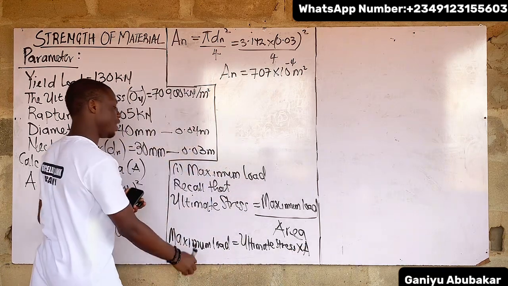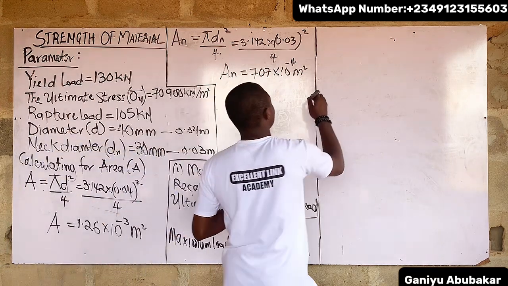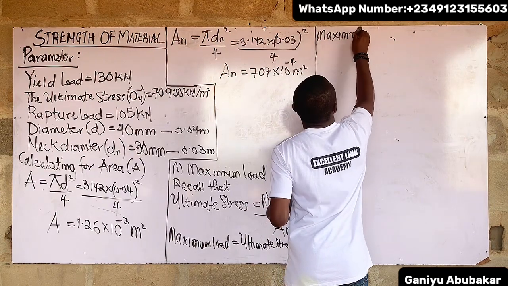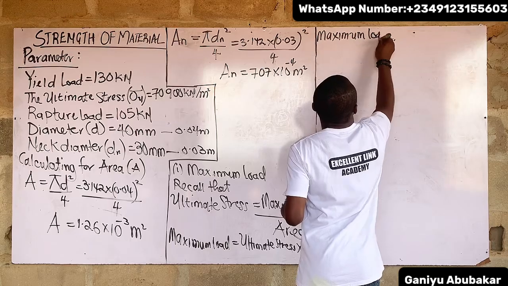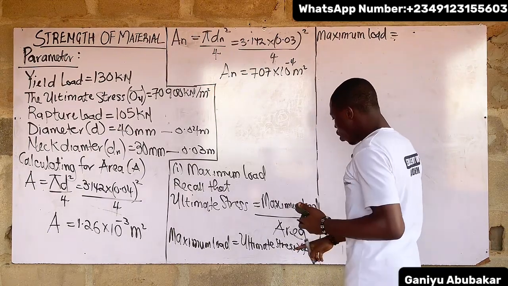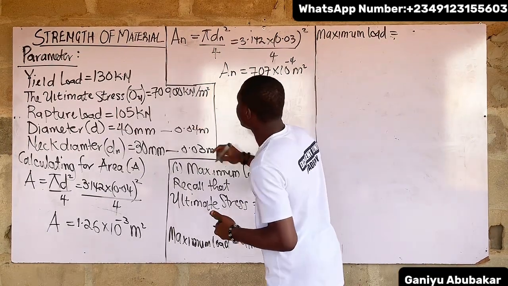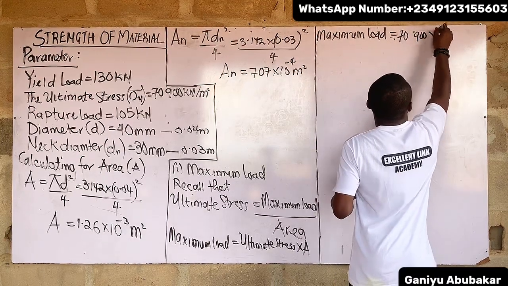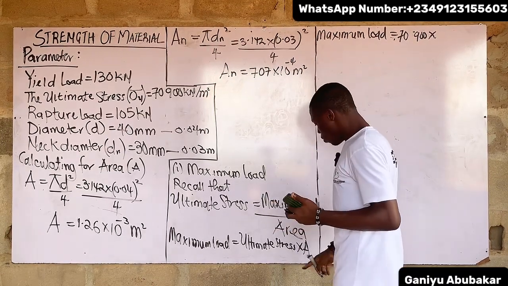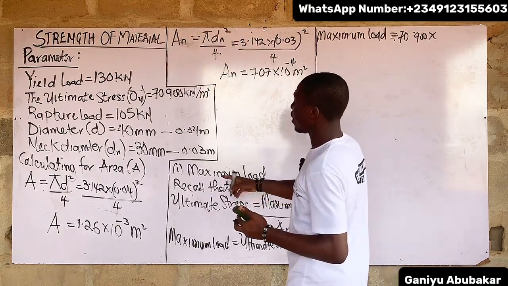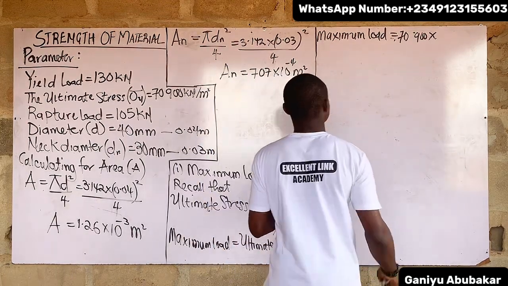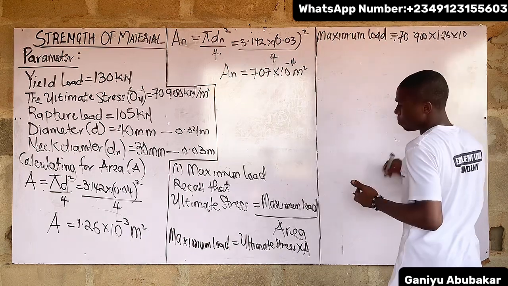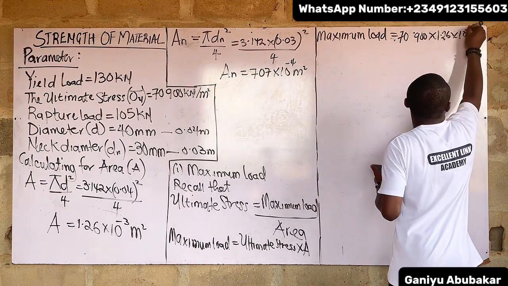So maximum load is equal to what's ultimate stress? That's 70,900 times what's the value for area there? Normal area is 1.26 times 10 to the power minus 3.